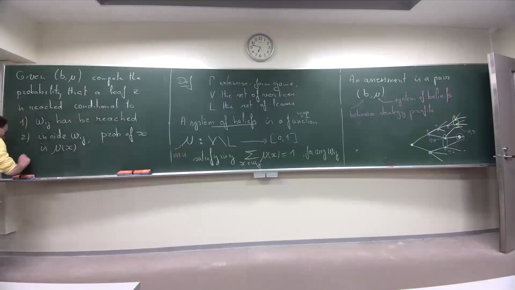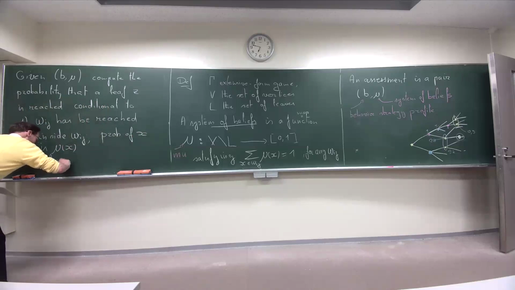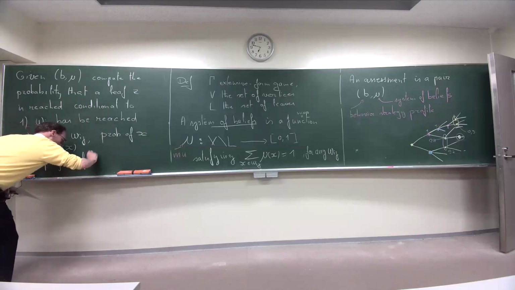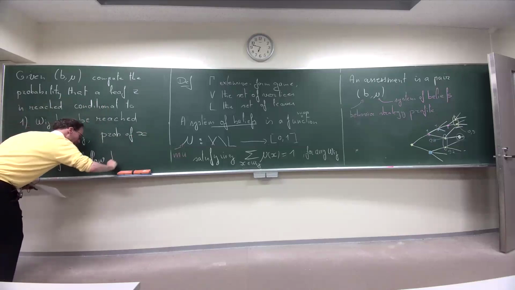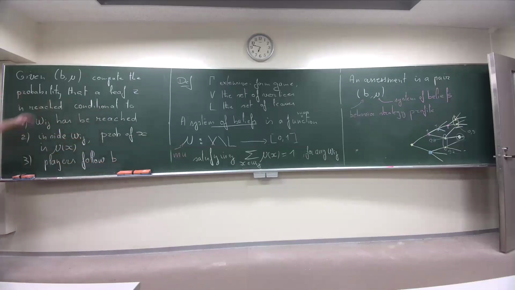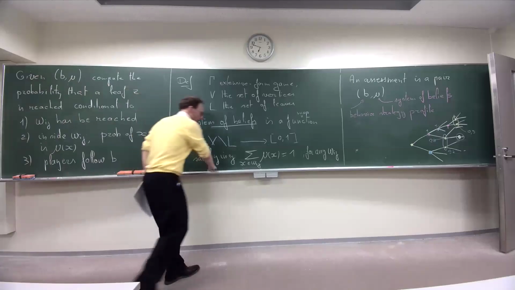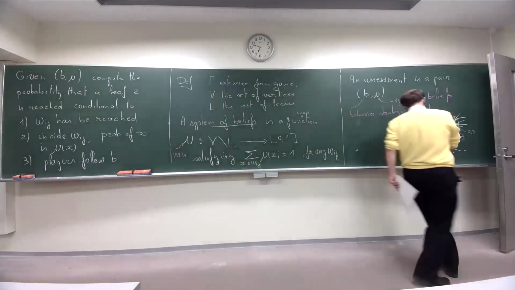And the third condition is that players follow B. Of course, I choose a B, I choose a mu, so in the following computation, I need to choose both mu and B.